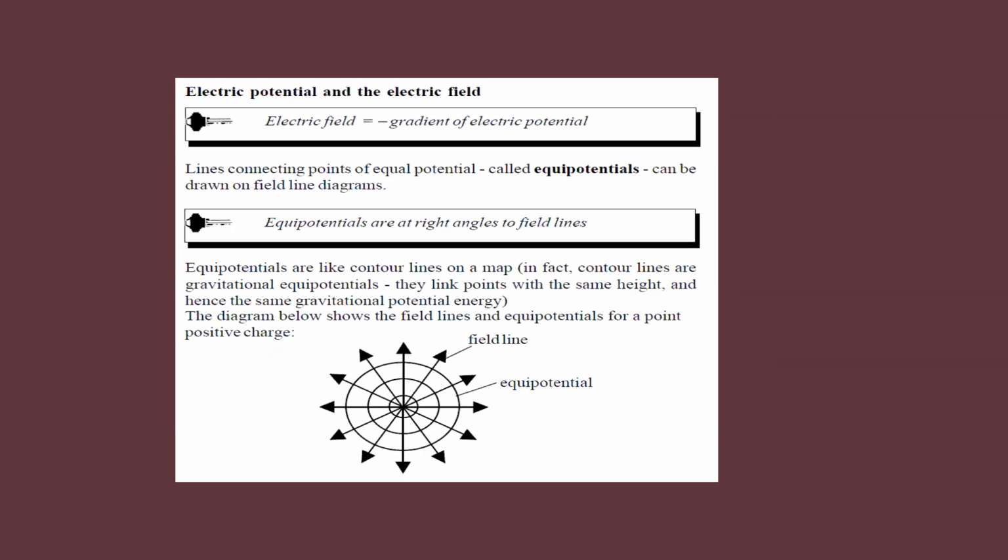Basically, the gradient of electric potential is known as the electric field strength. And what are equipotential surfaces? Equipotential surfaces refer to the lines which represent the same work done.